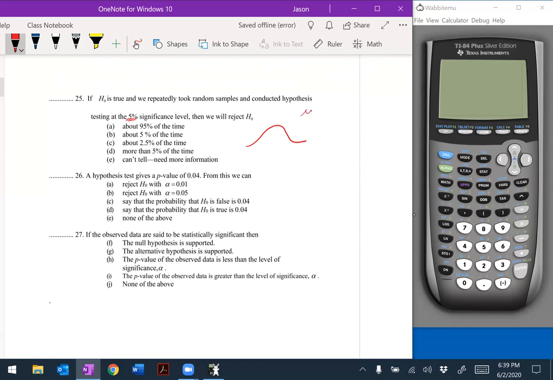Let's go back to the previous example where mu is equal to 7. Let's say that mu was equal to 7, that was true, and I did a hypothesis test with a 5% significance level.